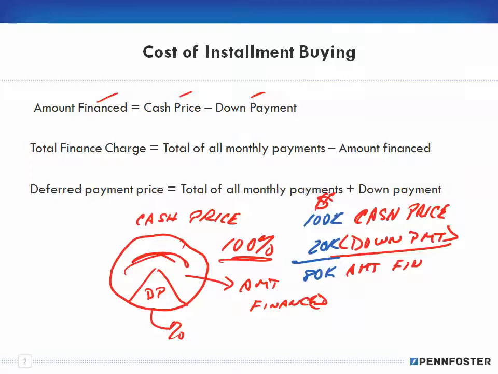That's from a dollar perspective, and we can also use the relationship between dollars and percentages: the cash price is 100%, the down payment would be 20%, and the amount financed in this case would be 80%. You see how the theory from the previous chapter on ratios and percentages applies just as much here.